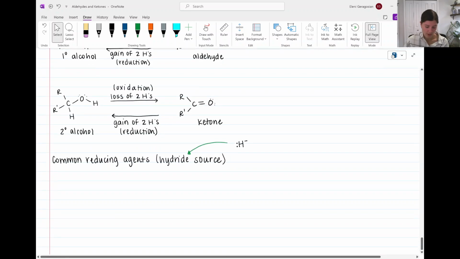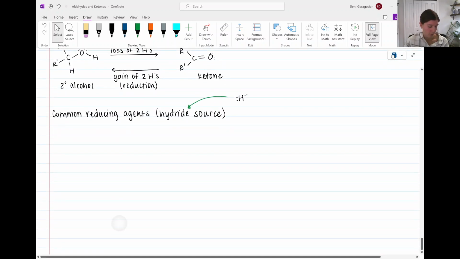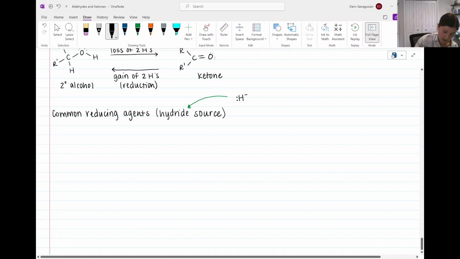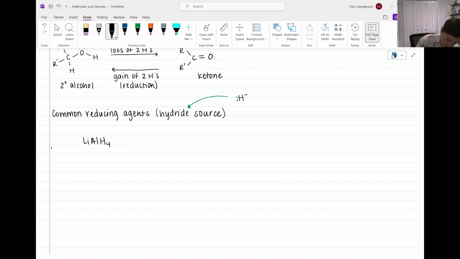So there are two common hydride sources that we will use for the reduction of aldehydes and ketones. One is lithium aluminum hydride, LiAlH4. And the other is sodium borohydride, NaBH4.